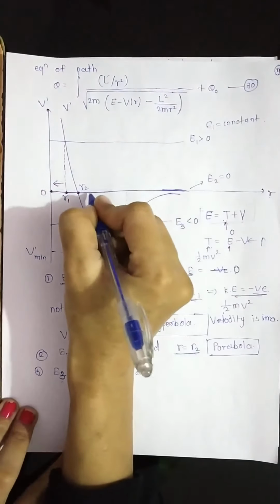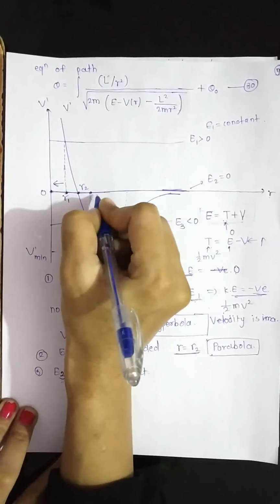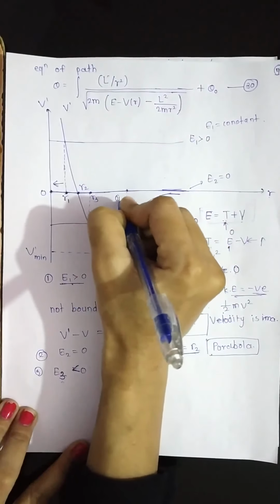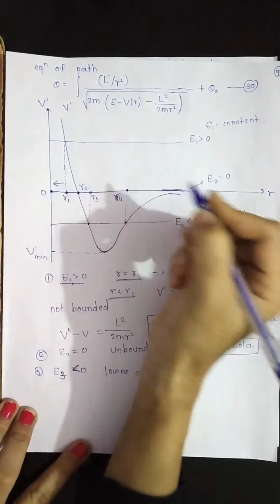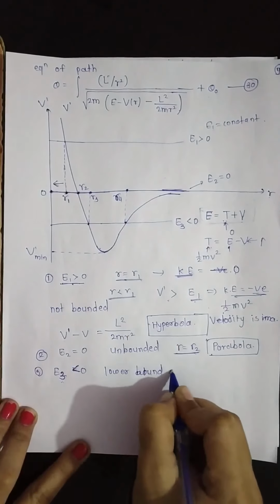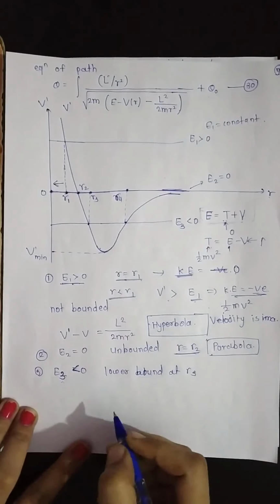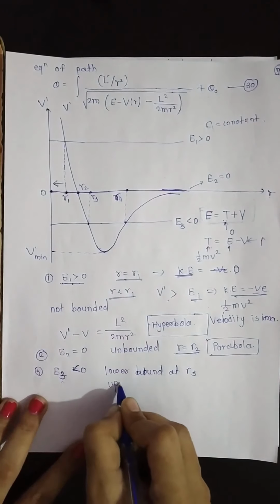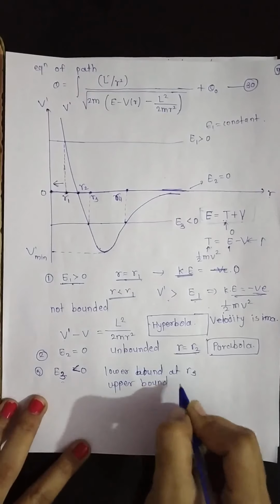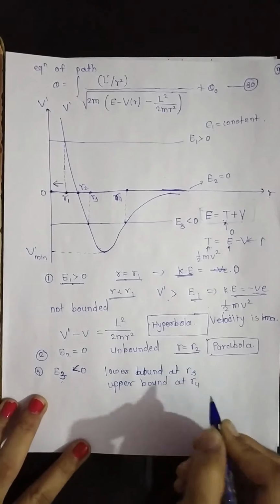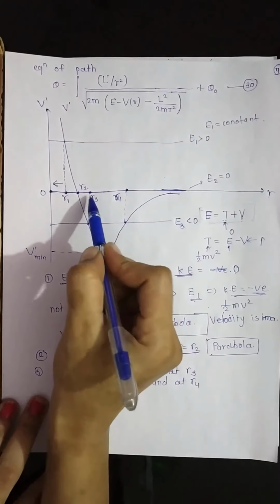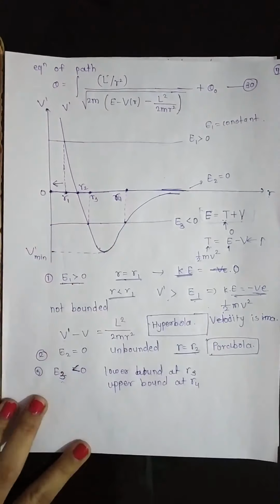So let me call this R3 and this point R4. So the particle will have lower bound at R3 and upper bound at R4, because the lower value of R is at R3 and the upper value of R is at R4. R3 is less than R4.